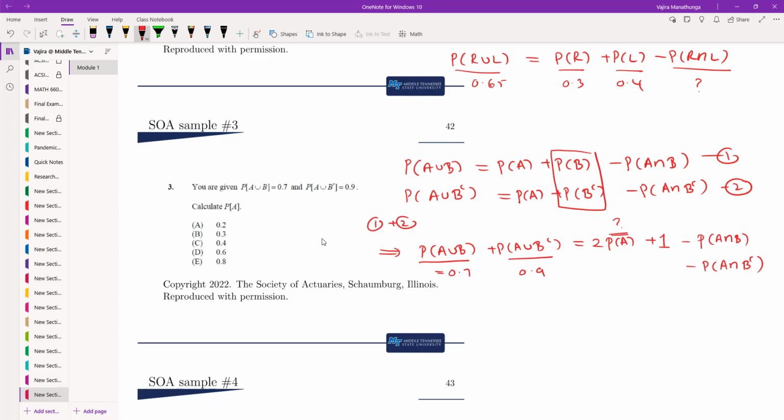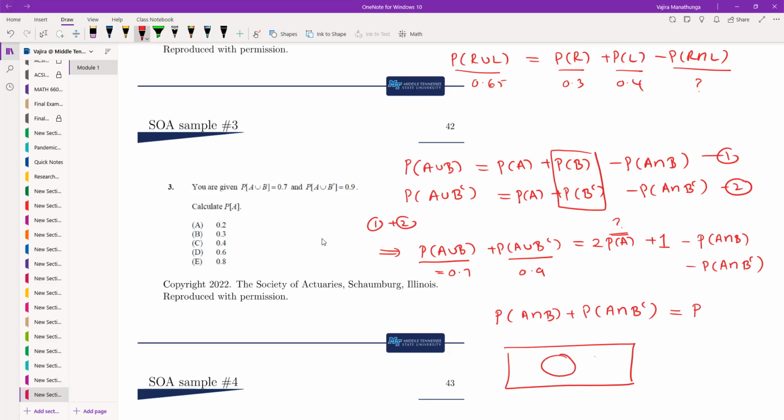So if you add probability A and B plus probability A and B complement, this is the same as probability... Let's draw a Venn diagram and see what it is.